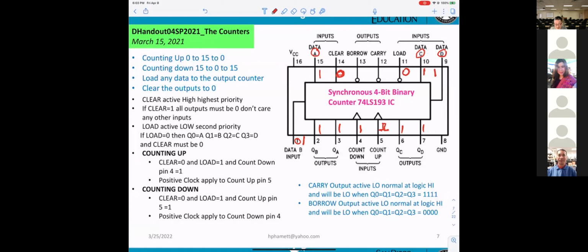And for the countdown, the only difference is that the clock will be applied here. However, up must be 1. Otherwise, it's not working.